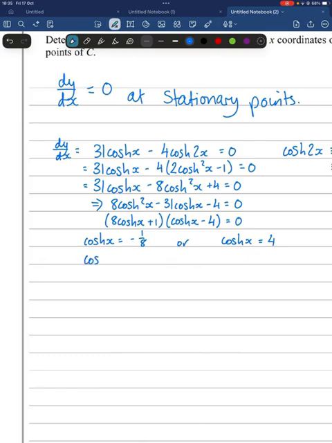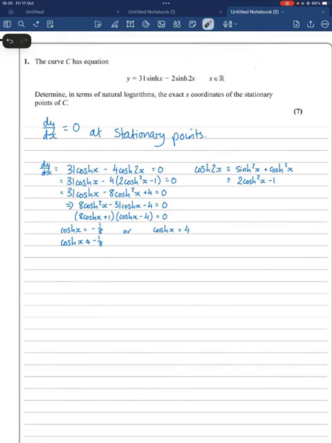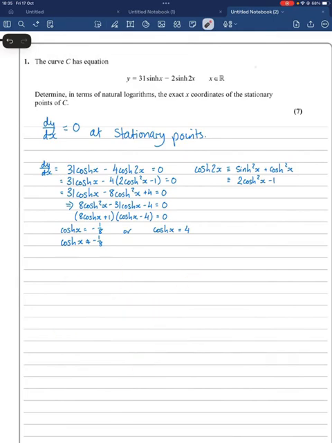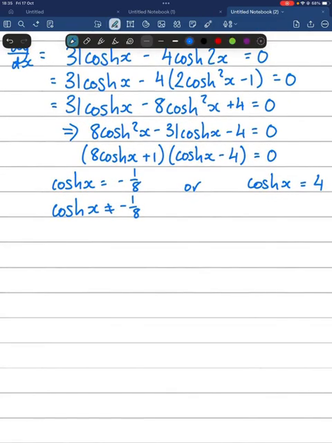Alright, well, we should know that cosh x can never be negative an eighth, because the cosh graph, if you remember, was like the deep quadratic. Everything's just above the x-axis, so it can never be negative. So cosh x can never be negative an eighth for any real values of x.